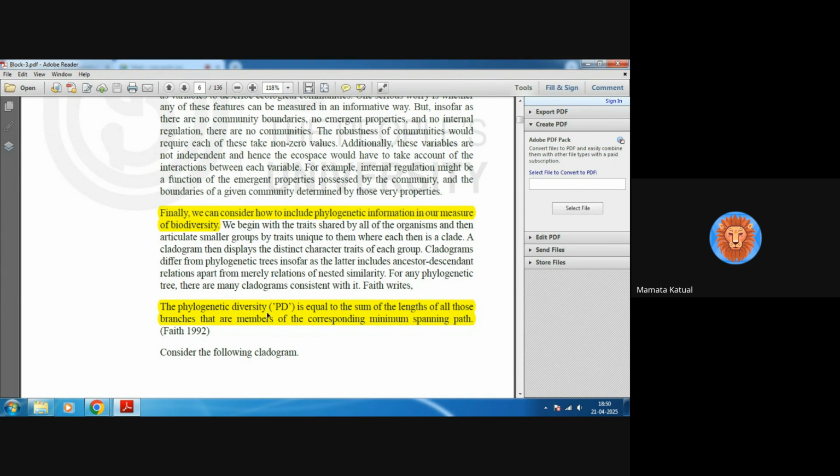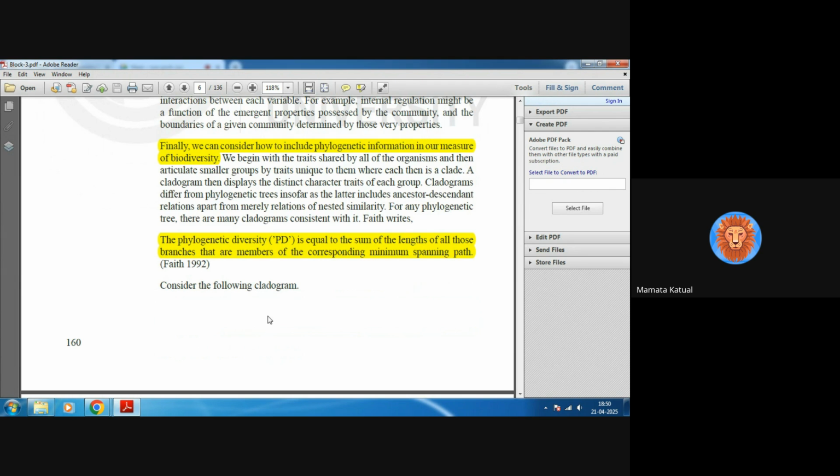So in a cladogram, the different organisms are represented in a graph according to their relationship. Relationship means if there is a relationship in taxonomy, or there is similarity in DNA, then this is known as similarity.